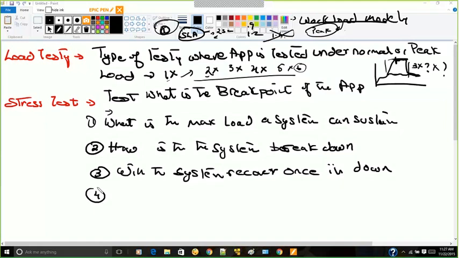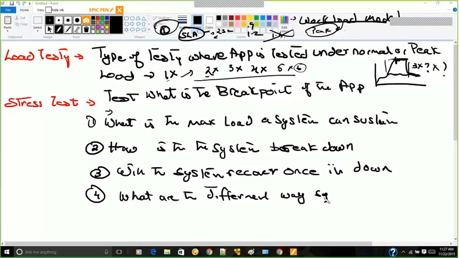Four, what are the different ways the system will break?